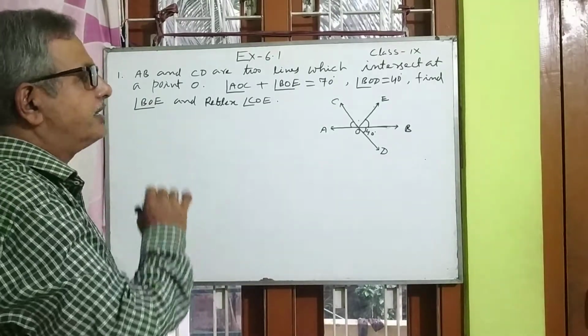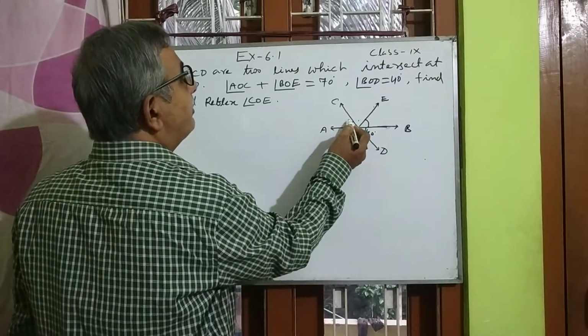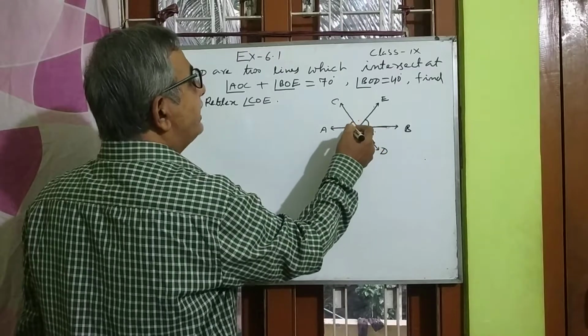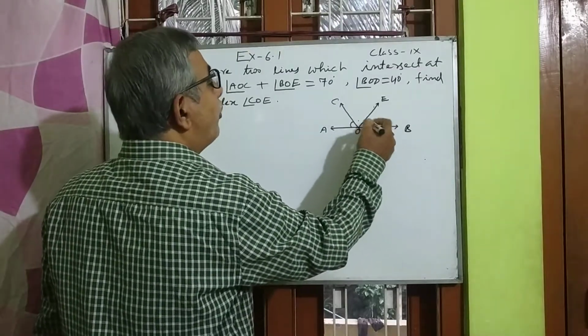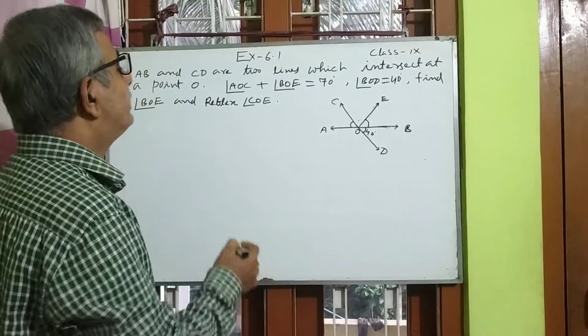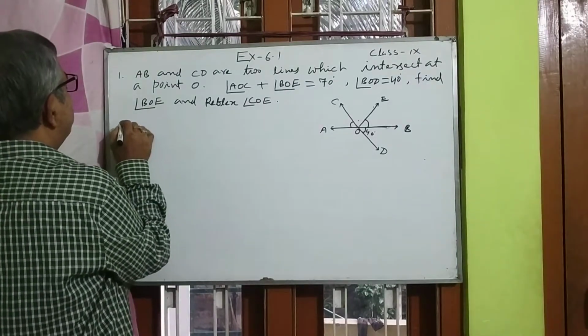You see, very nicely we can do this. This angle plus this angle plus this angle, all these angles together make one straight angle. And straight angle means what? 180 degrees. Here we are doing the solution.